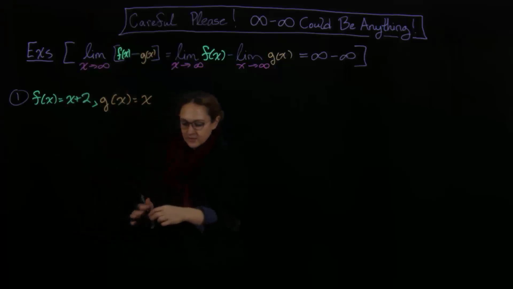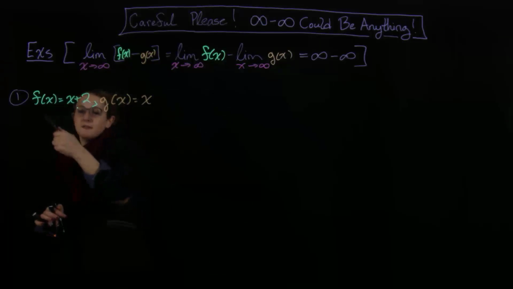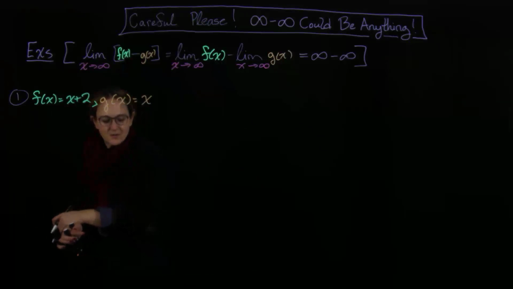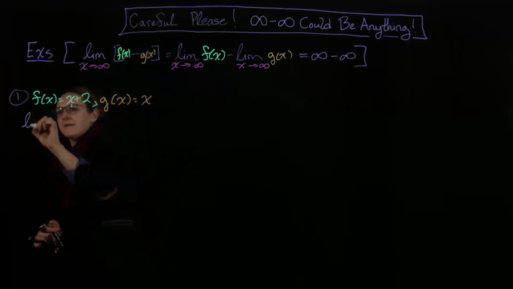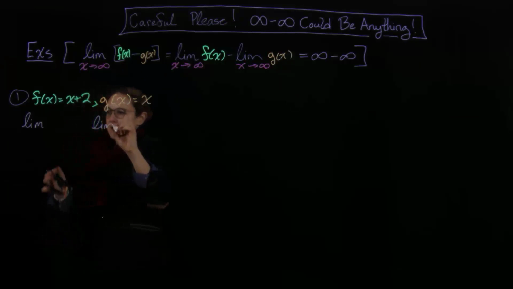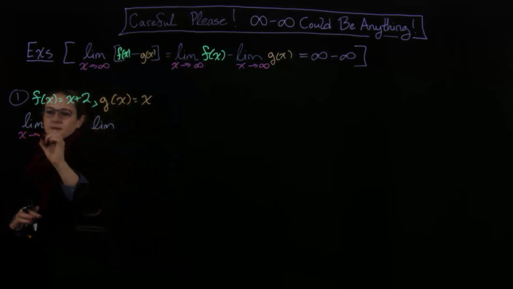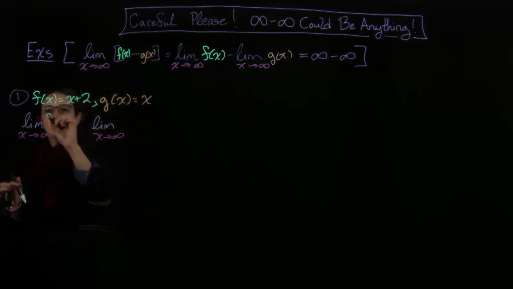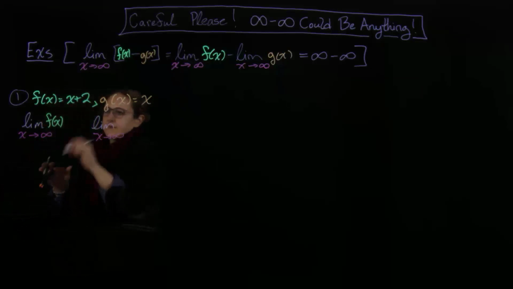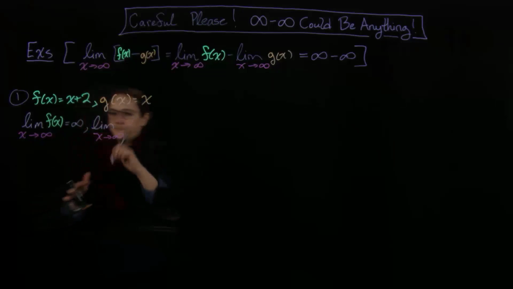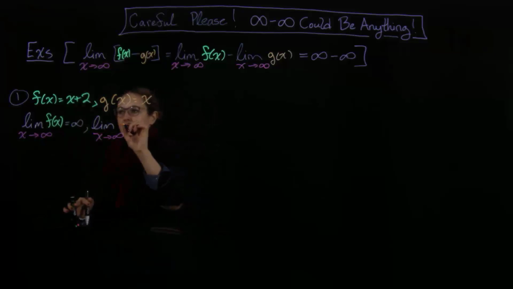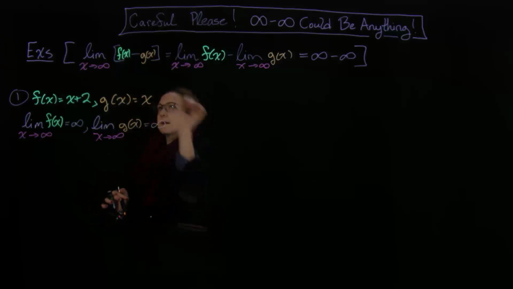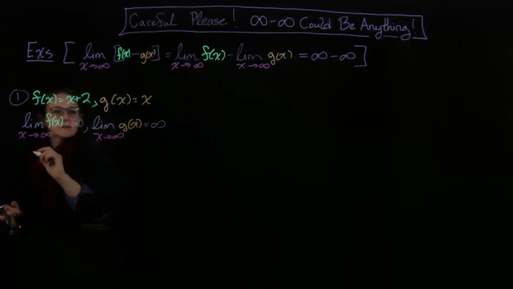Then in this circumstance, both of these limits go to infinity as x goes to infinity. So each of these limits is infinity. But now let's look at what happens if I take the difference.